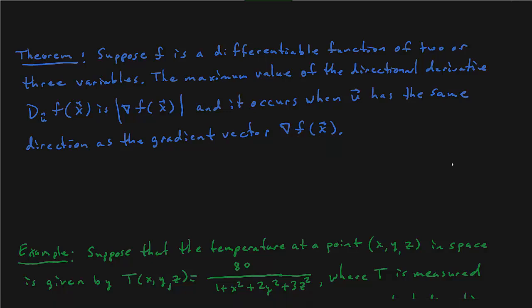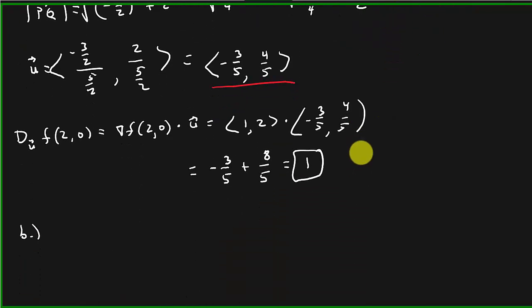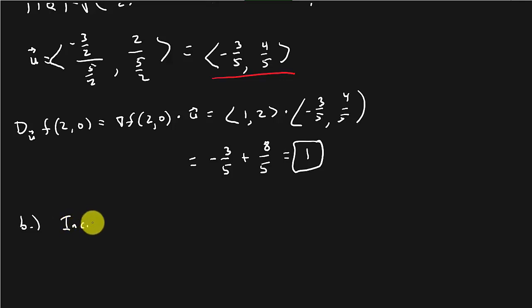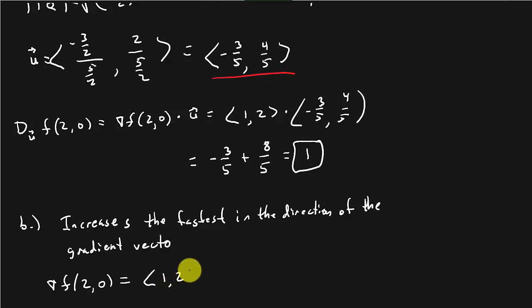So f increases the fastest in the direction of the gradient vector, which is the gradient of f at (2, 0), which is (1, 2).